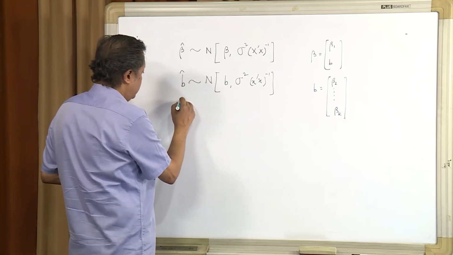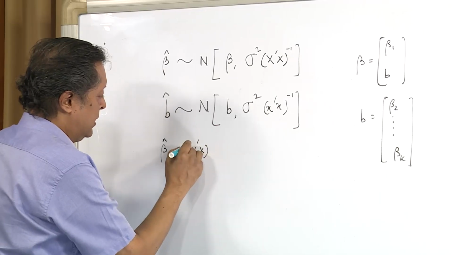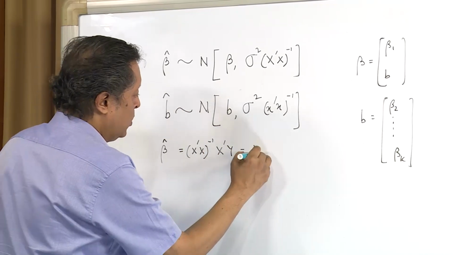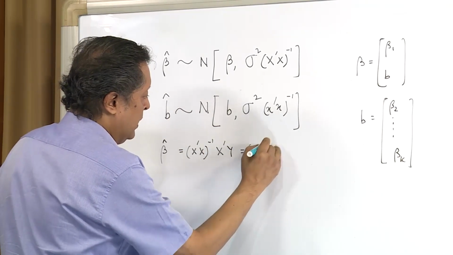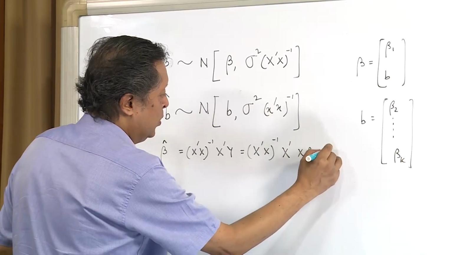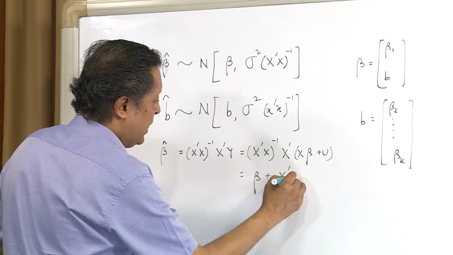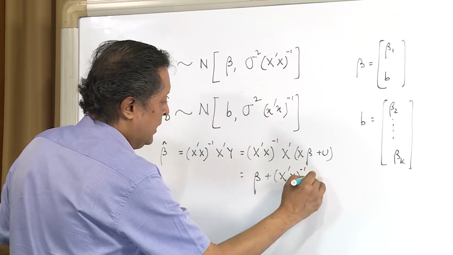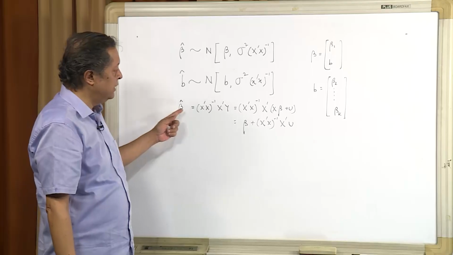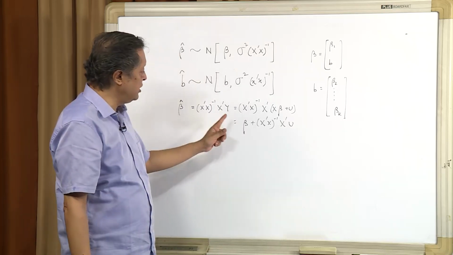We know that beta hat is equal to X prime X inverse X prime y, which is equal to X prime X inverse X prime X beta plus u, which is equal to beta plus X prime X inverse X prime u. As I already mentioned, beta hat is linear in the u_i's and expectation of beta hat is beta.